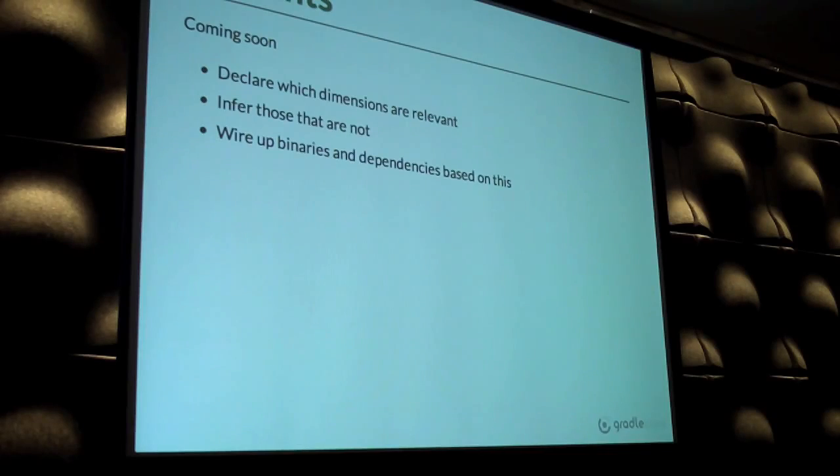this. You might say, for this particular variant, I'm using variant-specific source, so I might say for all the binaries that I'm building on Windows, I need to use that source set as well as my shared source set. I might say for all of the binaries I'm building on Windows, I need that library, and when I'm building on Linux, I need that library.